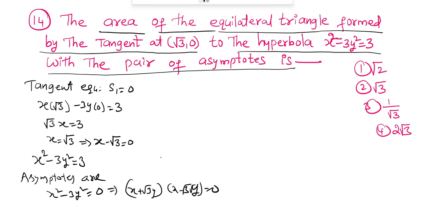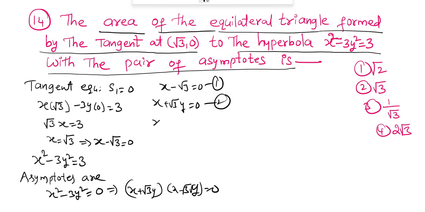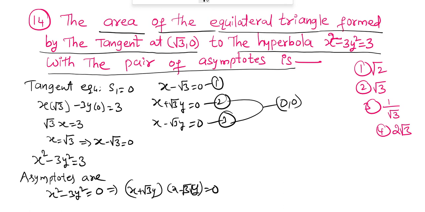So these are the equations. The first equation is x minus root 3 is equal to 0, the second equation is x plus root 3y is equal to 0, and the third equation is x minus root 3y is equal to 0. Solving these, the point of intersection of 2 and 3 is (0, 0), because these two pass through the origin with no constant term in these two equations. So the point of intersection must be (0, 0).